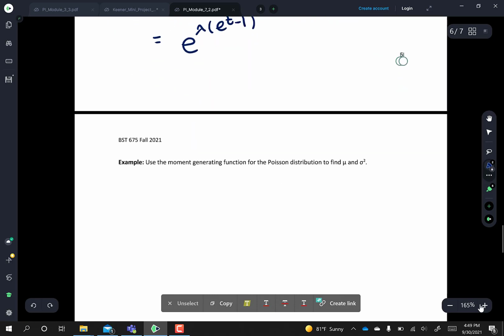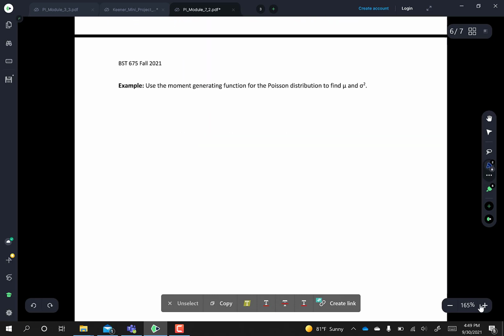So let's use this to find both mu and sigma squared. Again, we've got that the moment generating function is equal to e to the lambda (e to the t minus 1). So we're going to take the first derivative.